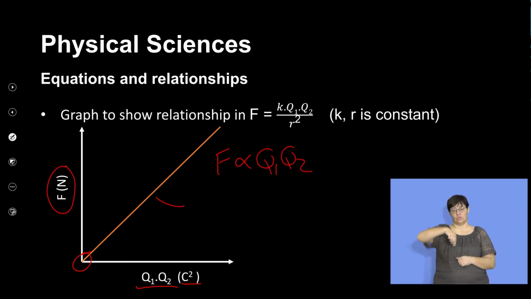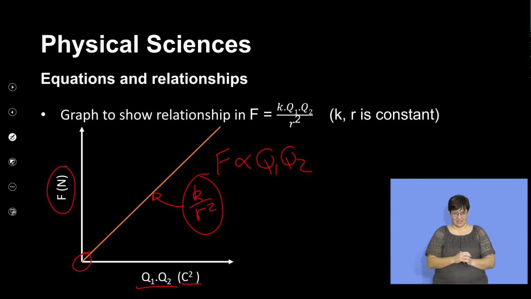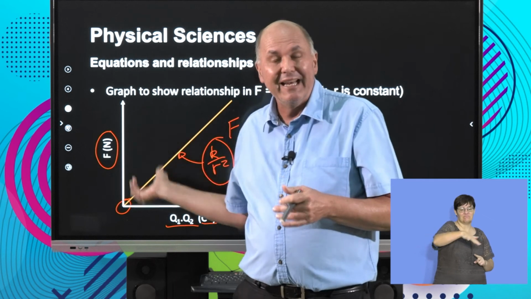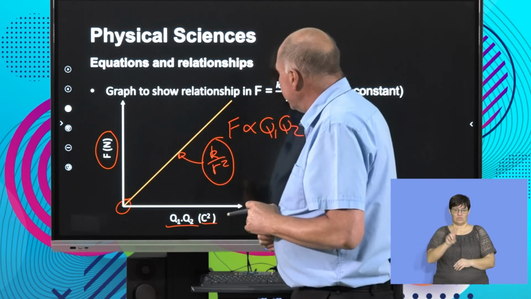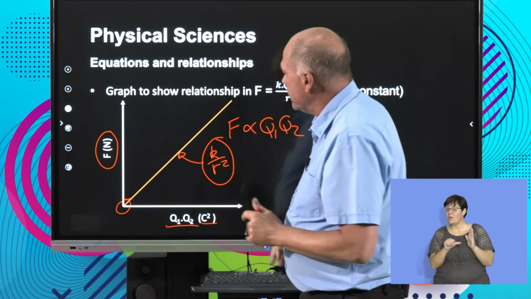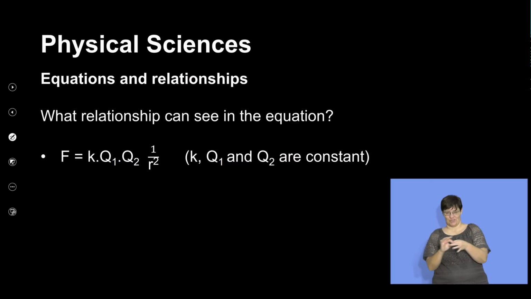And what does this gradient represent? Yes, it's the change in force divided by the change in the product of charge, but it's actually equal to K over r squared. So it's the universal field constant, or the electric field constant, divided by r squared. Very important for us to see that particular relationship.